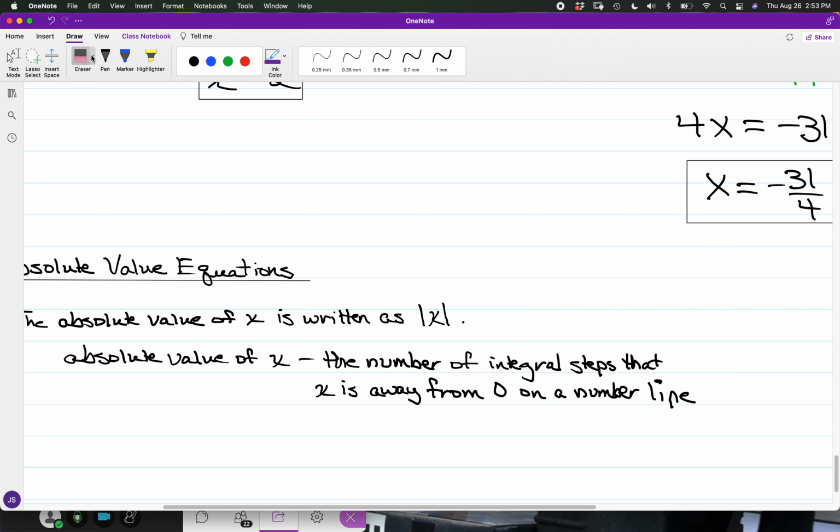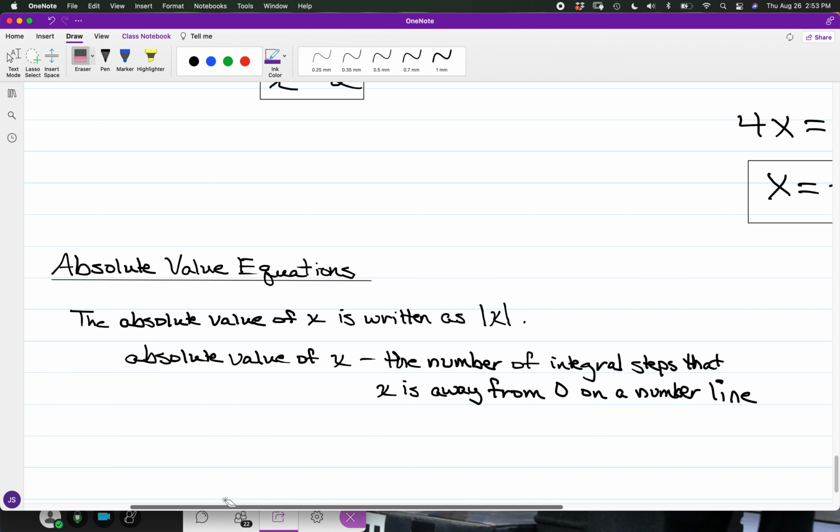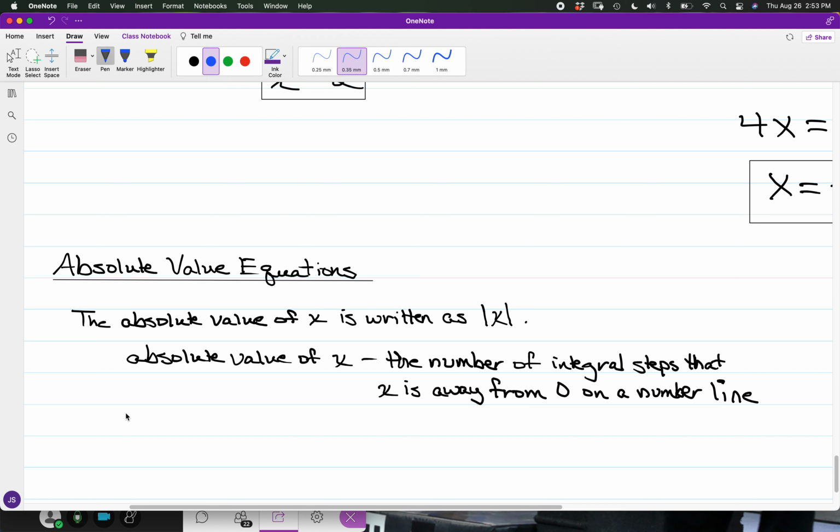Absolute value is going to be a non-negative quantity.